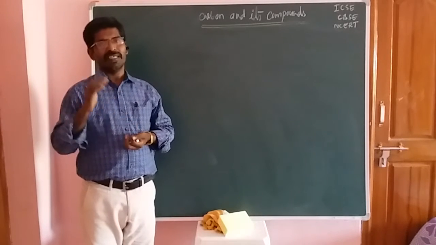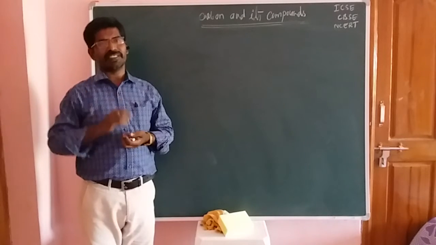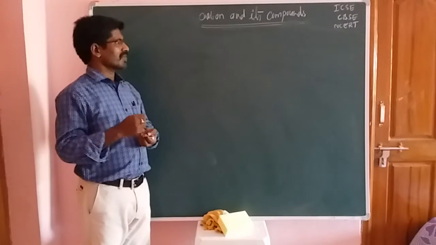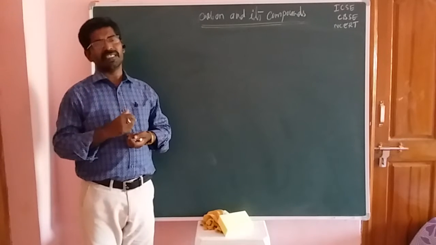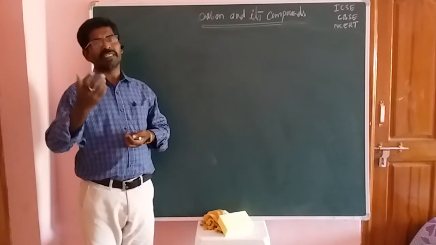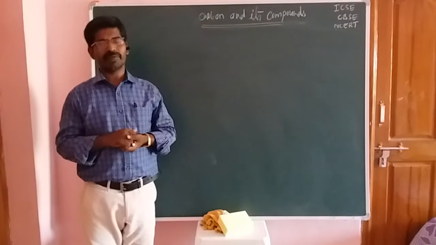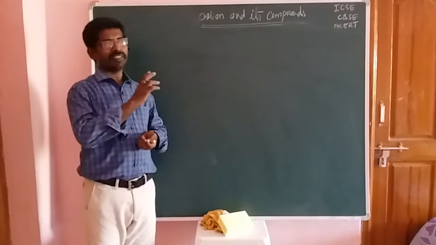Next one is the hydrocarbons and their classification. Next, saturation and unsaturation. And the last one is soaps and detergents. Now here we have another concept, that is allotropic forms of carbon. Okay, friends. So these are the subtopics in this chapter.